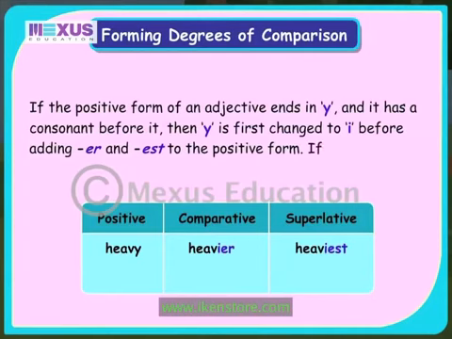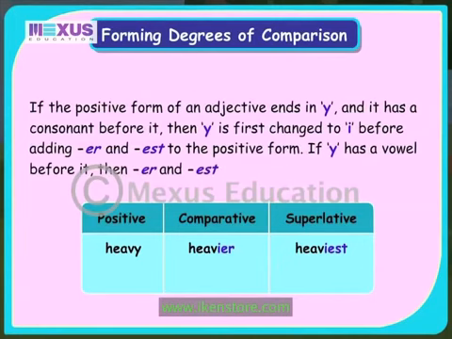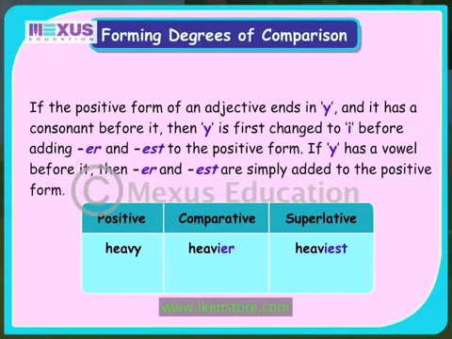However, if Y has a vowel before it, then ER and EST are simply added to the positive form. For example, grey, greyer, greyest.